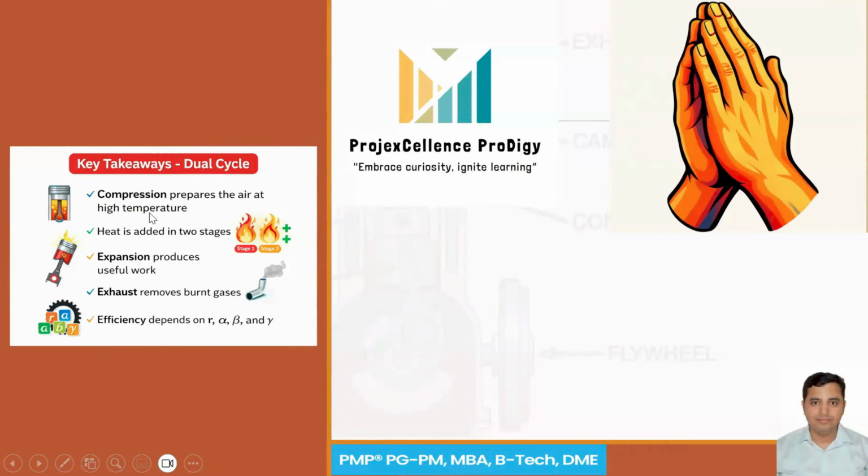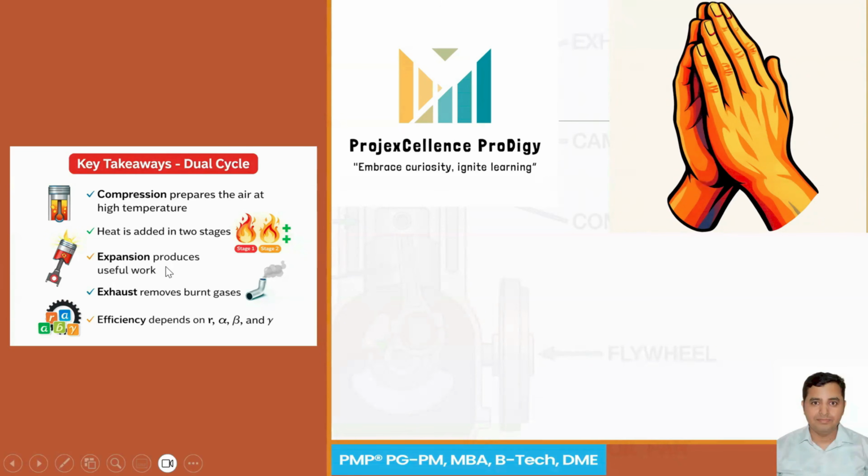So now we have completed the dual cycle. It clearly shows how an engine converts heat into useful work in a more realistic way. Compression prepares the air at high temperature. Heat is added in two stages: first at constant volume like the Otto cycle, and then at constant pressure like the Diesel cycle.